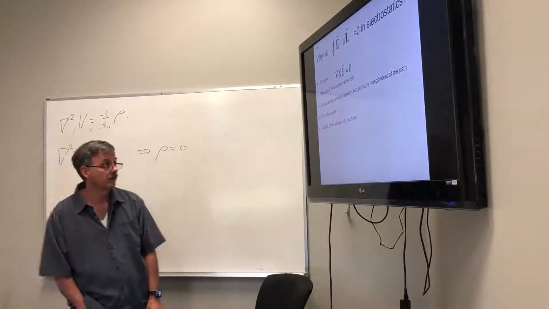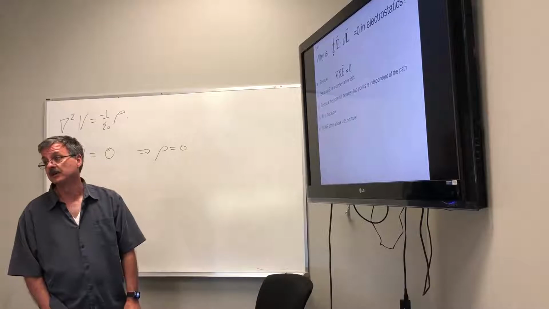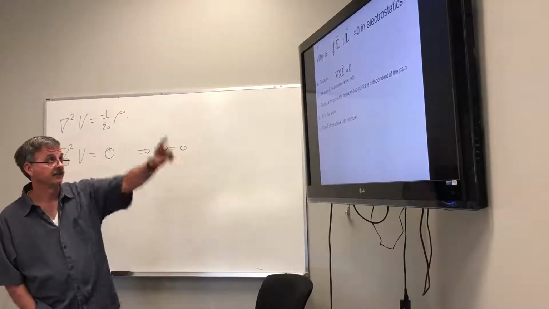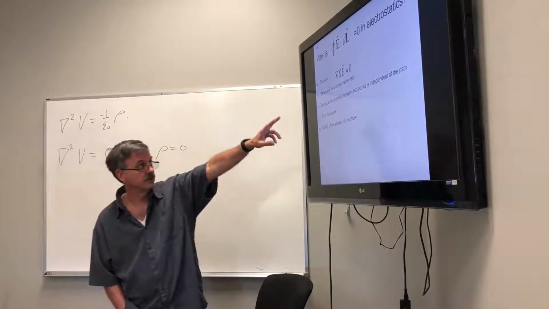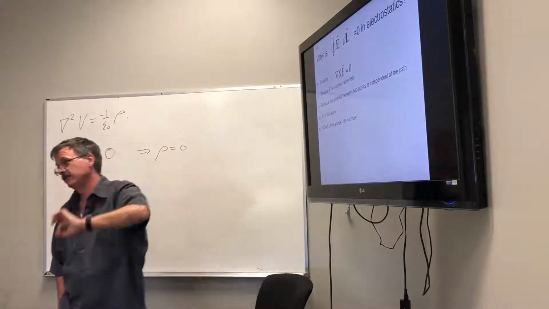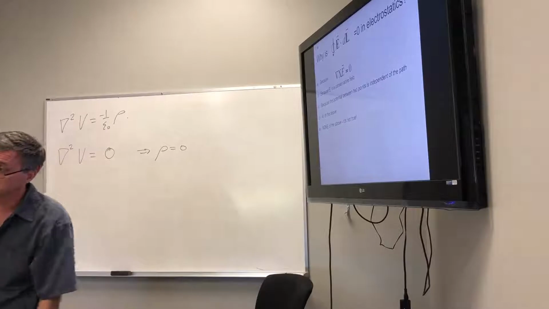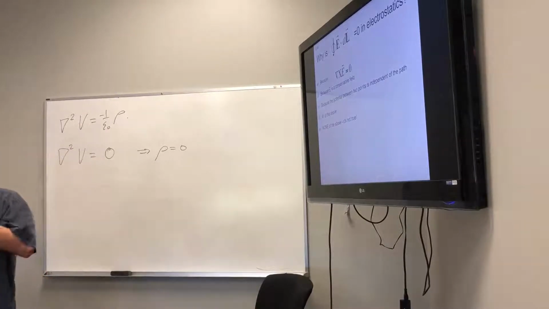All of the above have to be true because if the closed loop integral is 0, that makes the curl 0. That also makes the electric force a conservative force, which means that energy would be conserved. If I put energy in the system, I should be able to get it back out again.